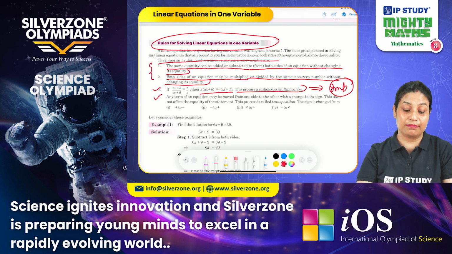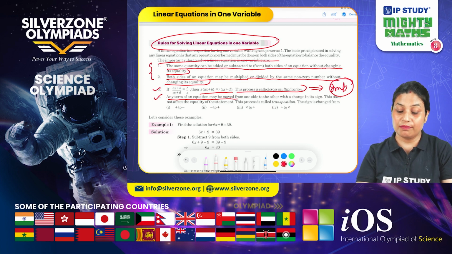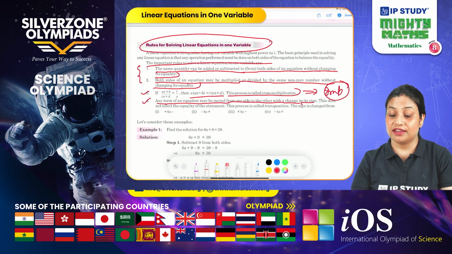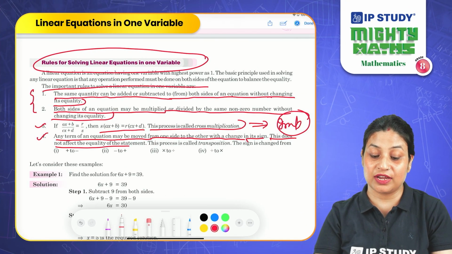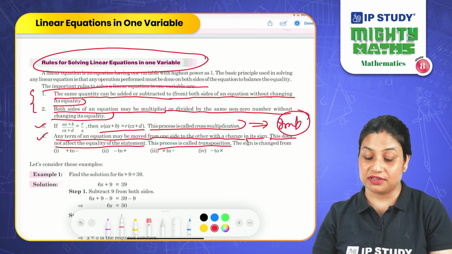Now, rule number 4. What is rule number 4? Any term of an equation may be moved from one side to the other side with a change in its sign. This does not affect the equality of the statement, and this process is called transposition, right?